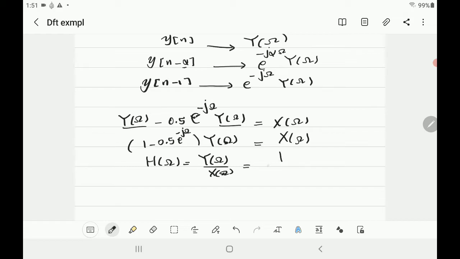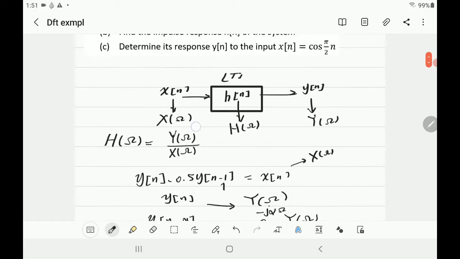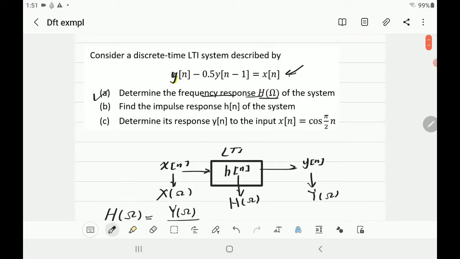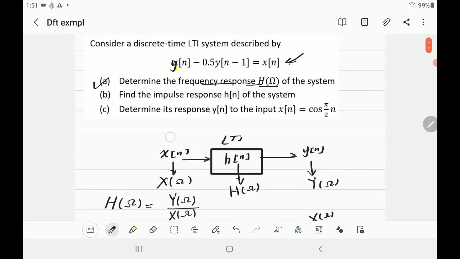So it will be 1 over 1 minus 0.5 e to the power minus j omega. So what we got here is the frequency response of the system, and that was the first question. H of omega, the frequency response of the system.